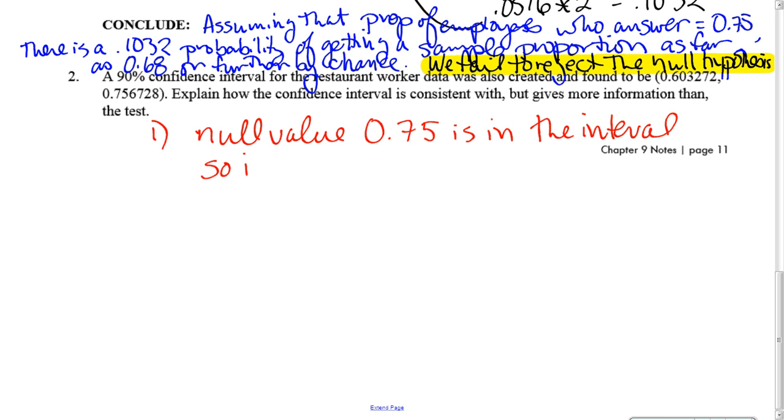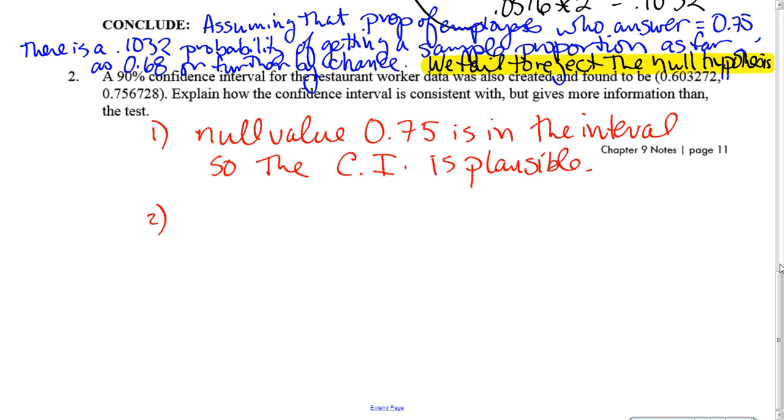So it's plausible. So the confidence interval is plausible. So there's that. Second part. Okay, so great, it's plausible.